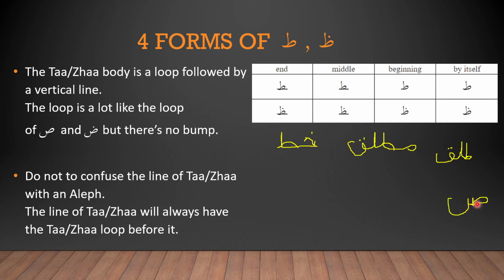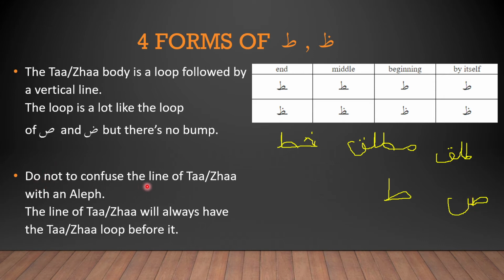So can you see this bump over here? This doesn't happen in which case? In the case of Taa. In the case of Taa, there is no small standing line over here. It's just one long vertical line. It's just like this and then like this. So you see Sad, Taa. The loops are similar, but there is no small bump.